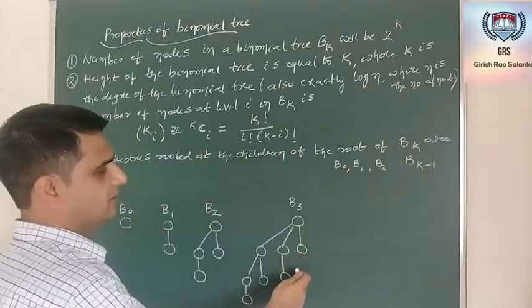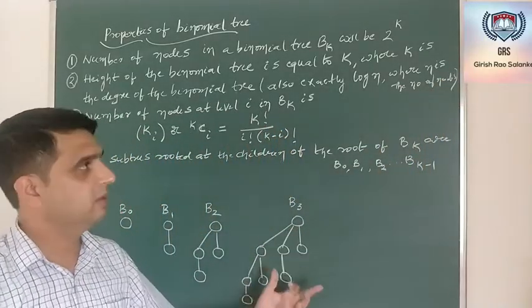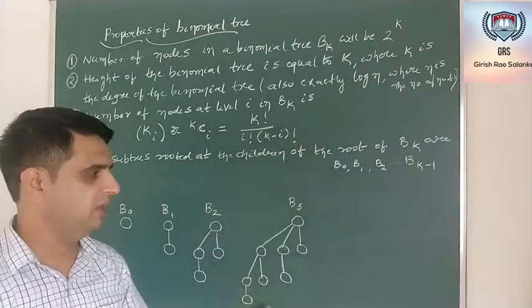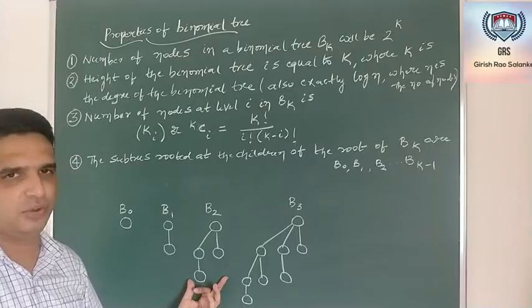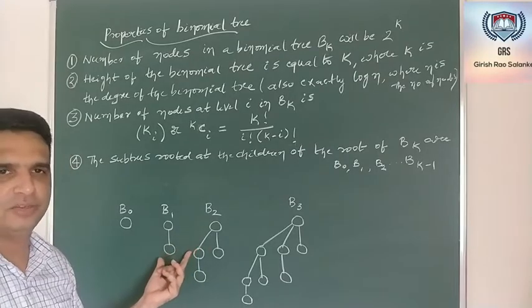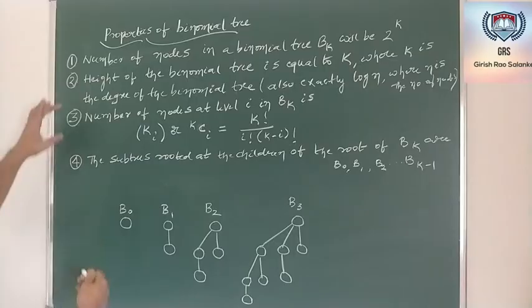Now if you take this, it is 8 nodes, log 8 to base 2 is 3, hence height is 3. Here 4 nodes, log 4 to base 2 is 2. 2 nodes, log 2 to base 2 is 1. Similarly here. This is the second property.